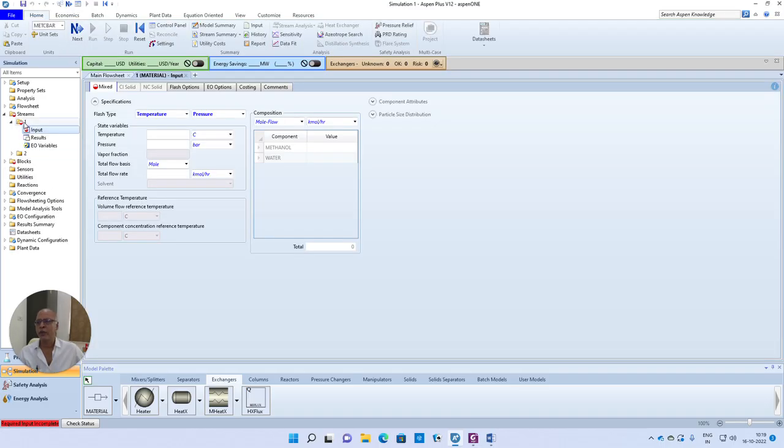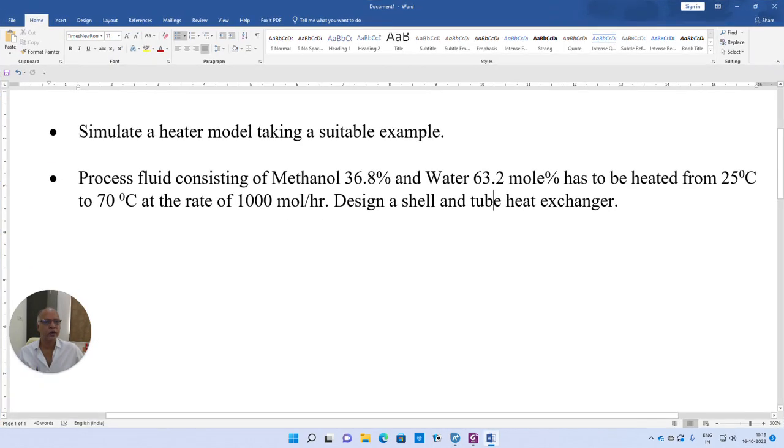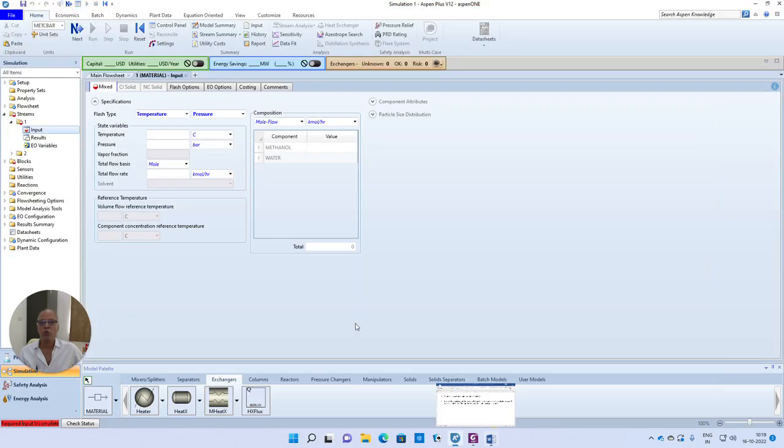Now we are required to specify the streams, one input stream, and also some information with respect to the block. So we have 25 degrees centigrade, maybe pressure is not mentioned, so we'll assume atmospheric pressure, 1000 moles per hour. 25 degrees centigrade, let us say 1 bar, 1000 moles per hour.